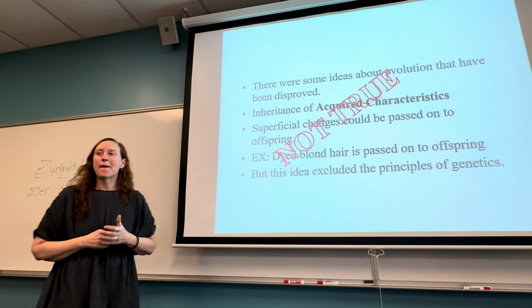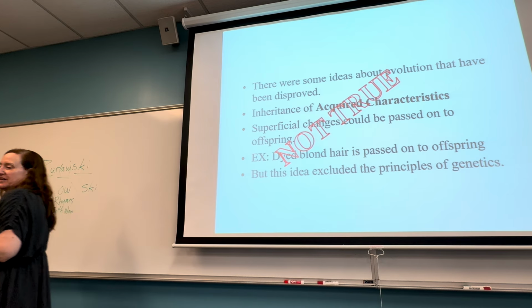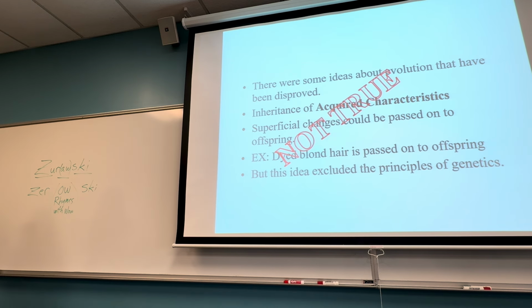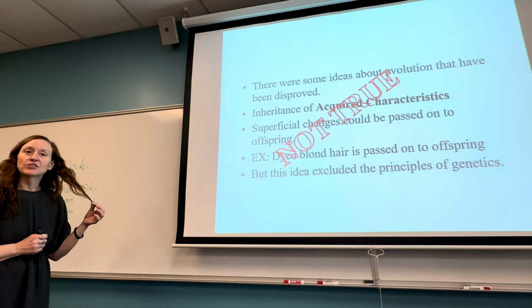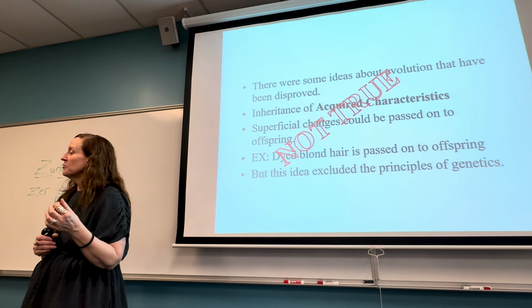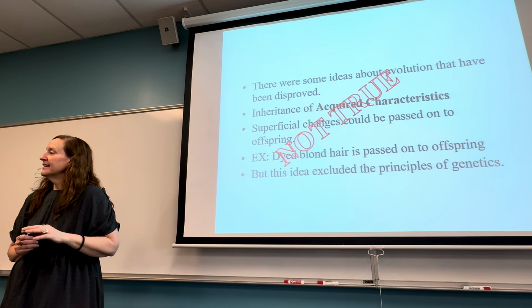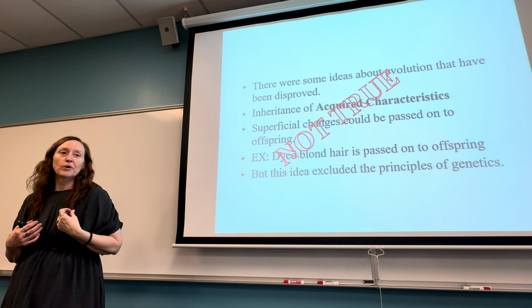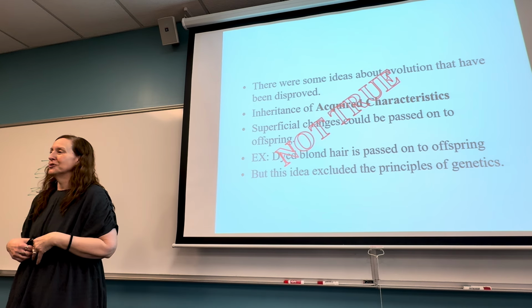Okay, another proposed idea about evolution was the inheritance of acquired characteristics. Some cultures believed that you could acquire a trait, meaning like I could dye my hair blue, I can acquire the blue hair color from my environment, and that if I were pregnant while I had blue hair, my offspring would also have blue hair.